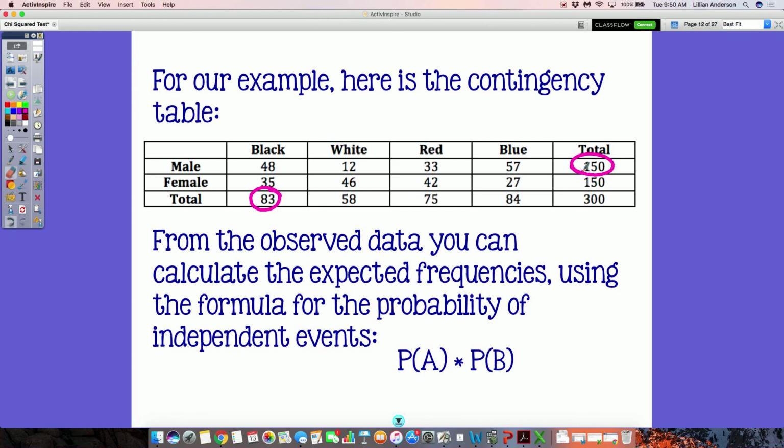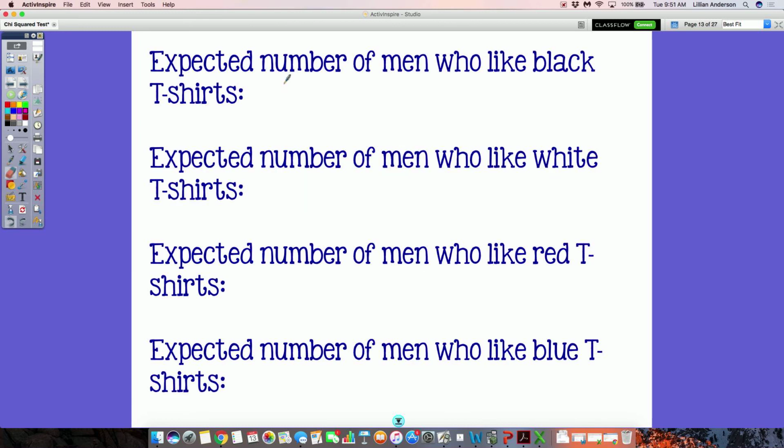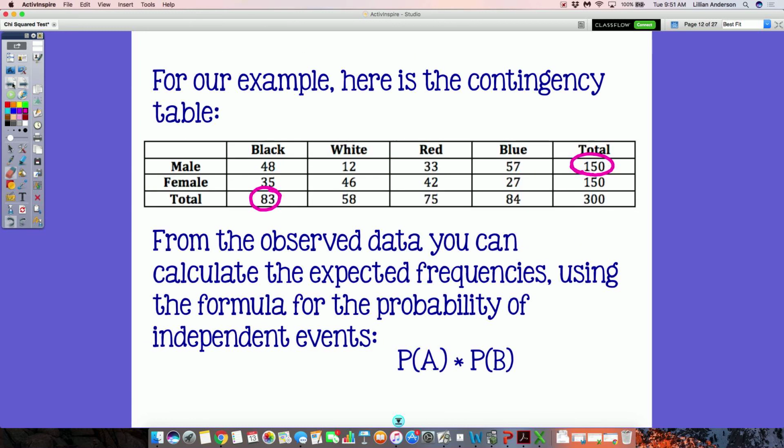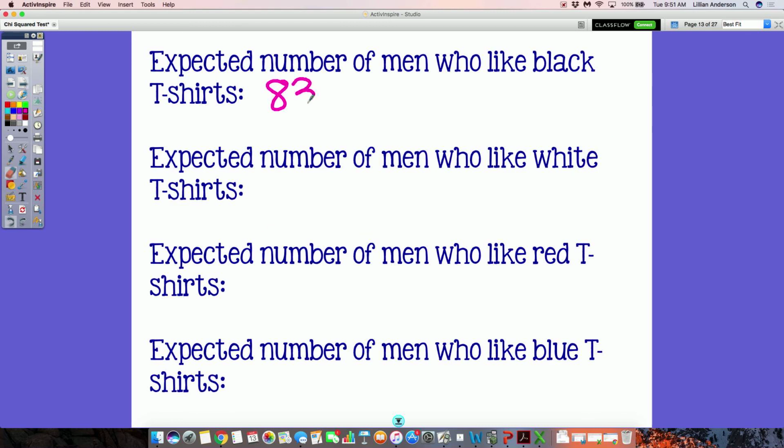What you do is you take those two numbers, multiply them together, and divide by the total amount that you have. So it's that respective row total and that respective column total. You multiply them together and then divide by your total amount.